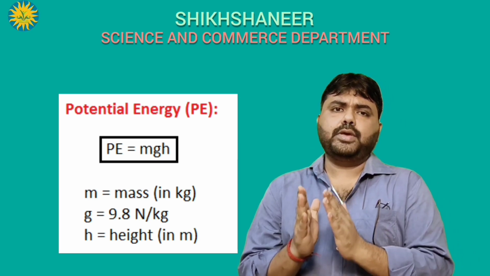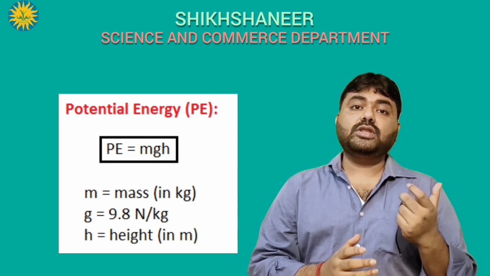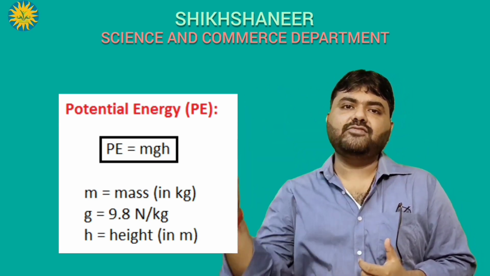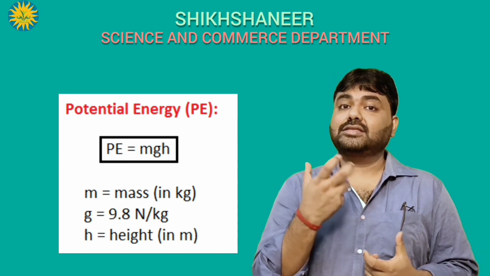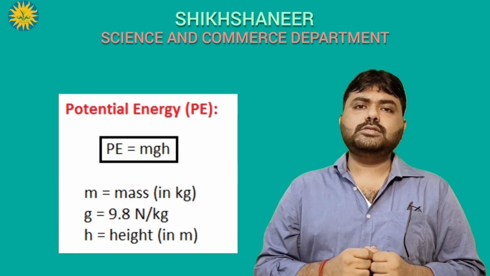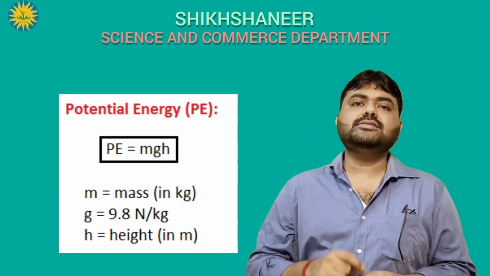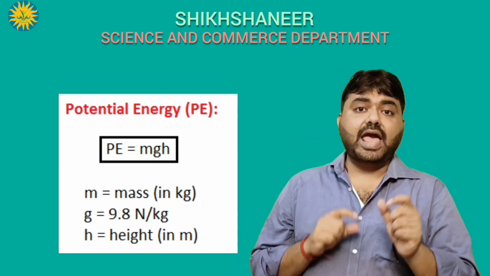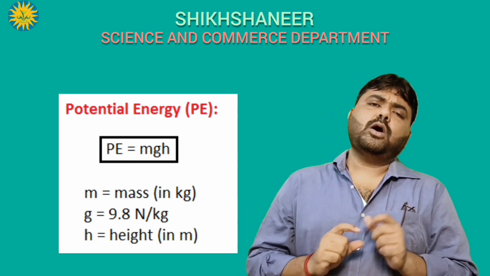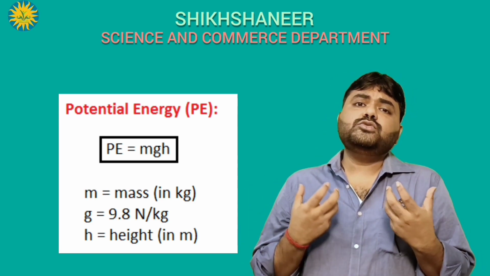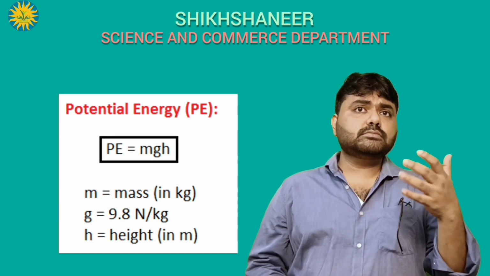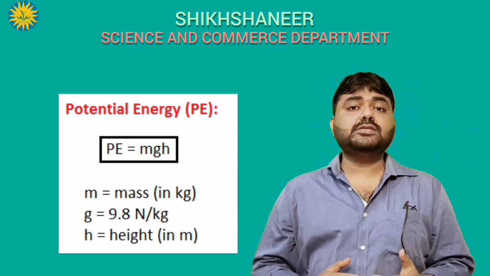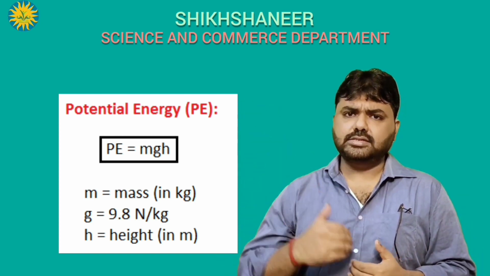At first, we will compare energy with work, and you will easily see how we can derive the formula. What is work? That means, what is the mathematical expression of work? Work means F into S, that is the product of force and displacement. Now, if we want to derive the formula of potential energy, that is basically the gravitational potential energy, that means the body is placed at a certain height.